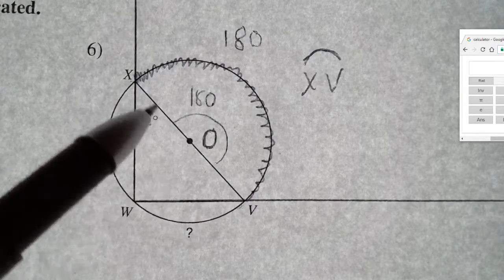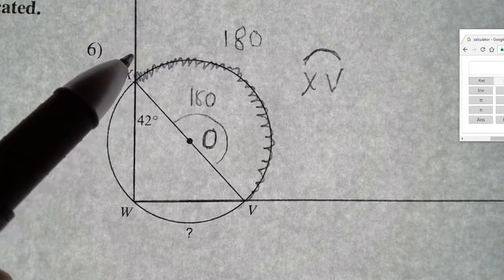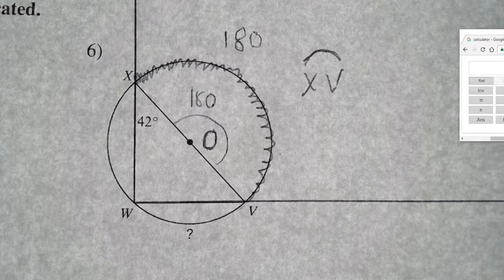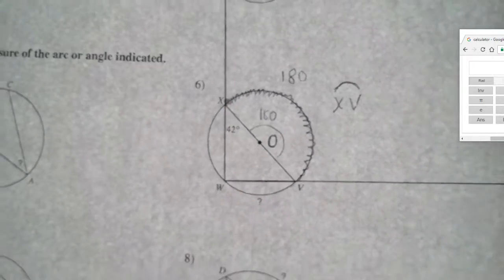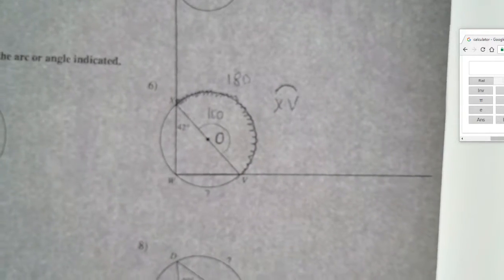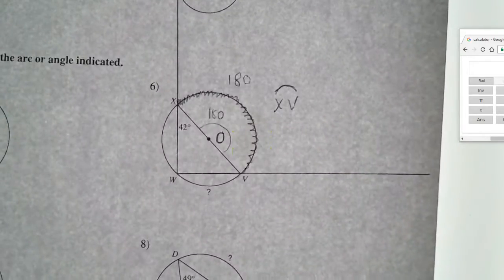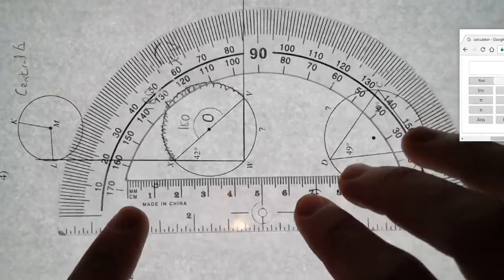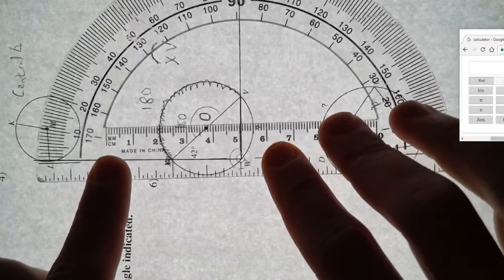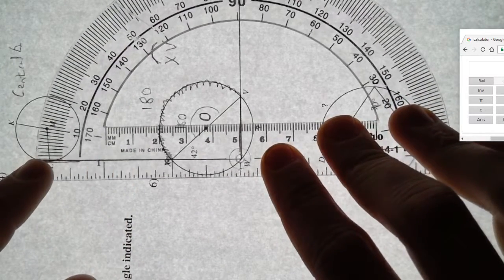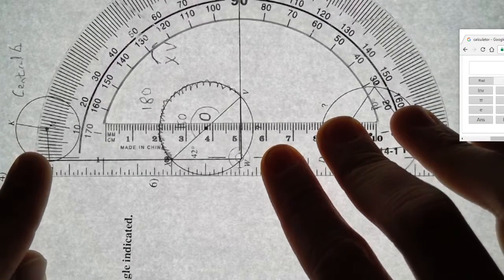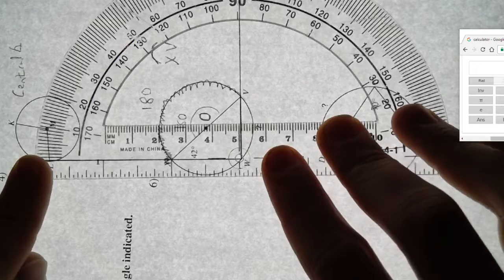If it's a central angle, we already saw that it is exactly equal to the arc that I'm intercepting. Now, let's take a look at what the measure of the inscribed angle is, and I'm going to zoom out a little bit here. I'm going to use a protractor and measure it out. I'm going to put that on the center and make sure that it lines up. So this is too far. I want to line it up with the leg of my angle.